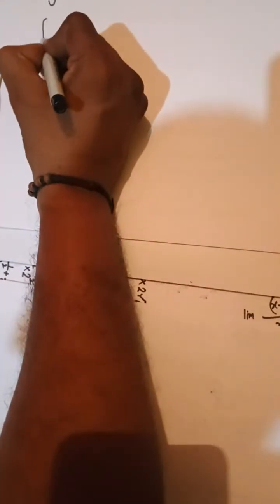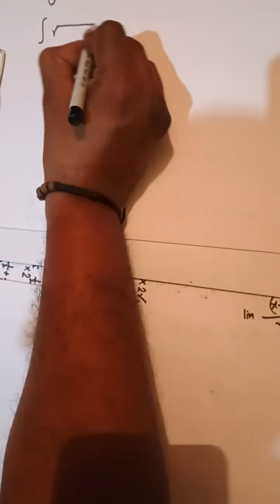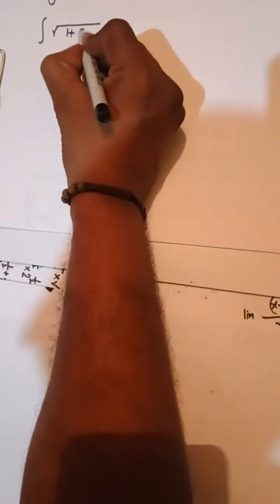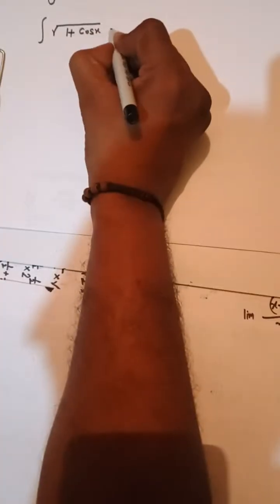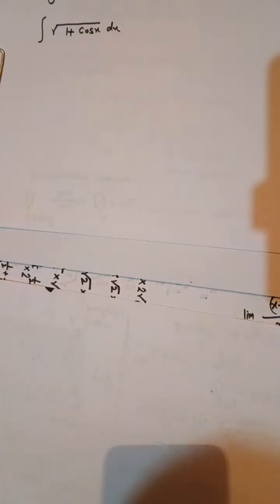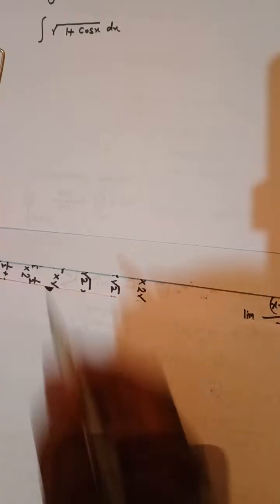Once again I'm writing here integration of root under 1 plus cos x into dx. So this could be solved in this way: cos x can be written in a different way.